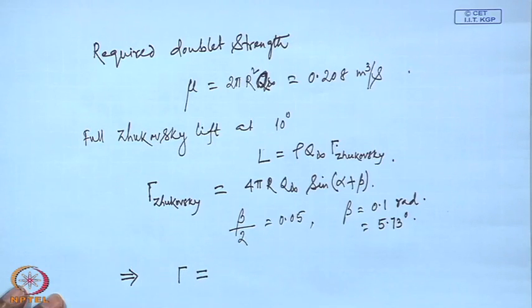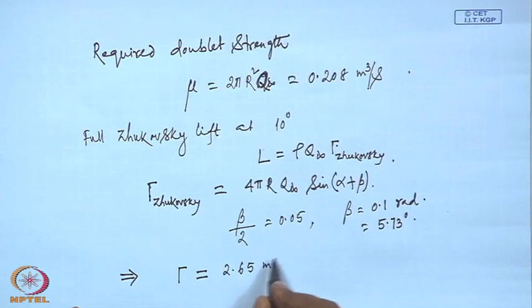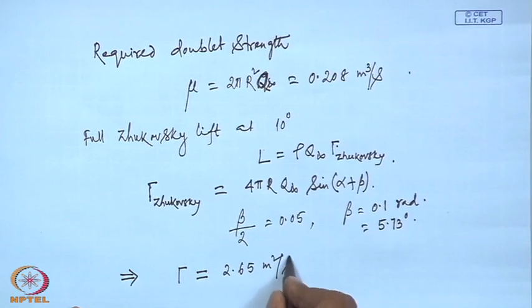This will give the circulation to be 2.65 meter square per second. So, we now have the complete flow for the circle.